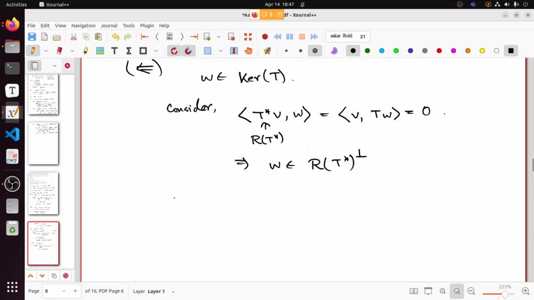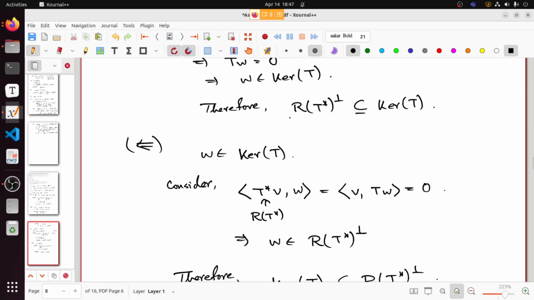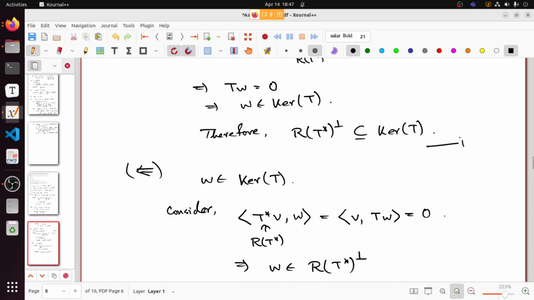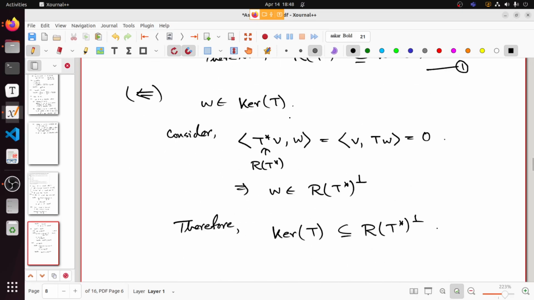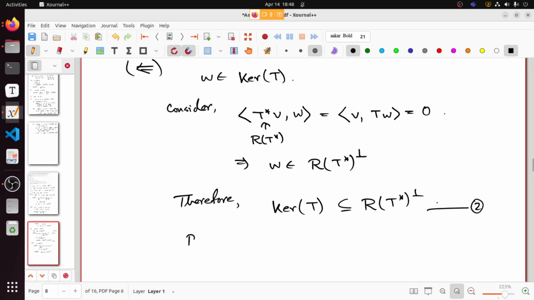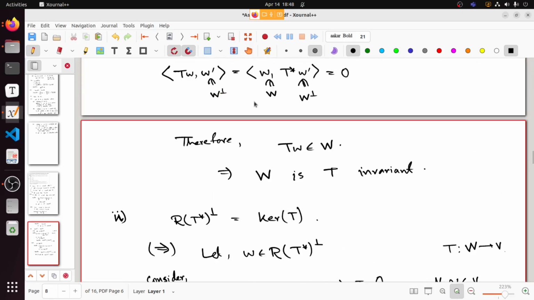So therefore, kernel of T is a subset of range T star perp. So by 1 and 2, these two are the same. What we get is range T star perp is the kernel of T. So option number 2 is correct.